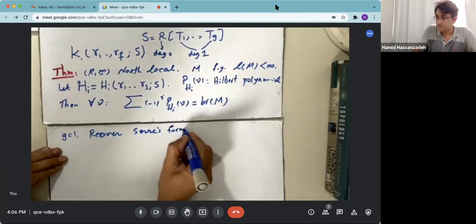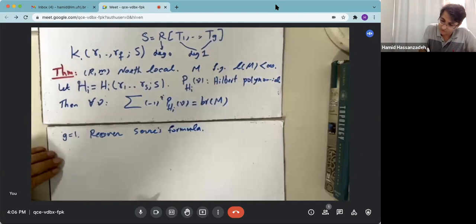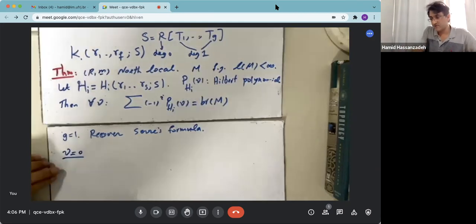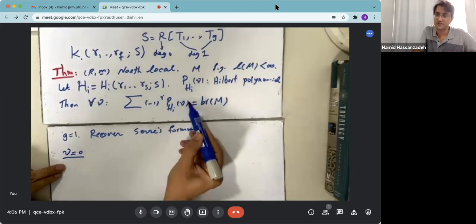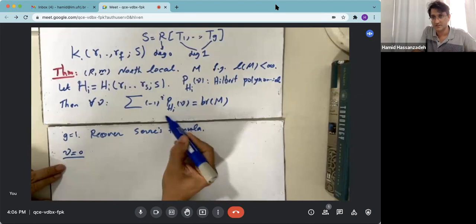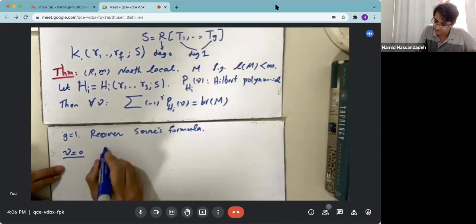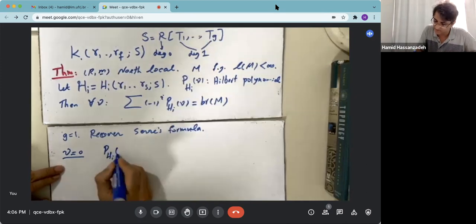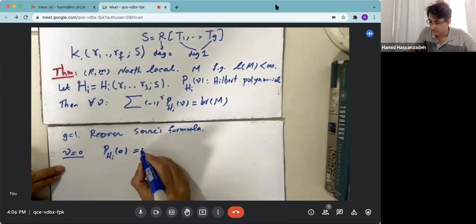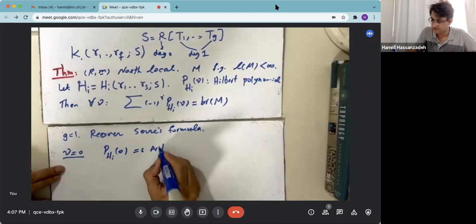But even more beautiful is when you put v equal to 0, then you have the constant term of the Hilbert polynomial of each homology. So then you have the constant terms. Let me abuse the notation and call this the arithmetic genus.